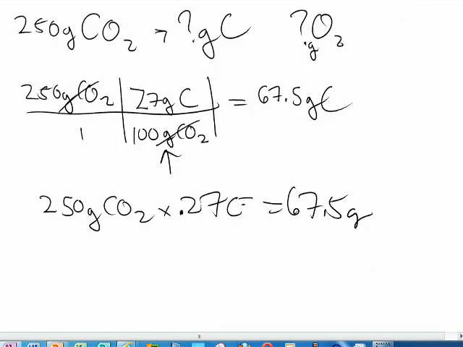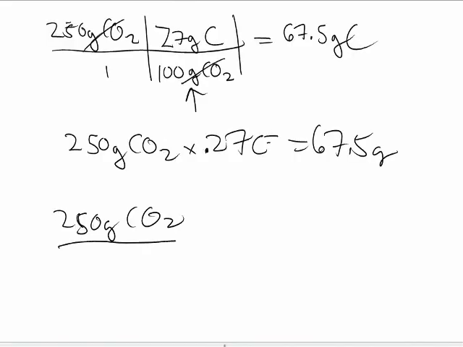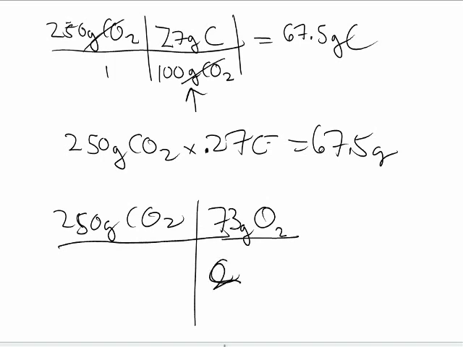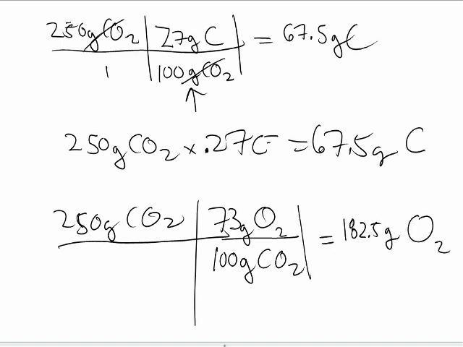Now, if we want to find the oxygen, we take 250 grams of carbon dioxide and multiply that by 73 grams of oxygen per 100 grams of carbon dioxide, and that should come out to be 182.5 grams of oxygen.